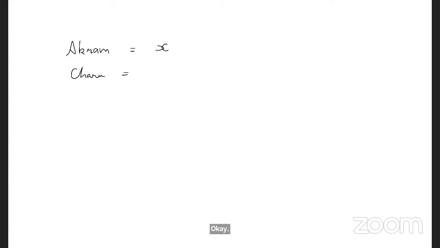Ikram, we'll consider he stitched x number of blouses. Charu stitched 10 blouses more than Ikram, so 10 plus x, or x plus 10, both are right. Then we have Banu who stitched 3 blouses more than Ikram.